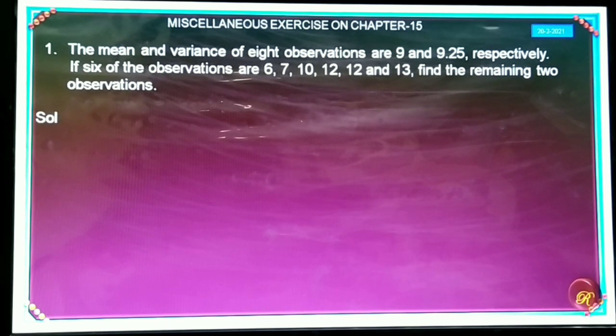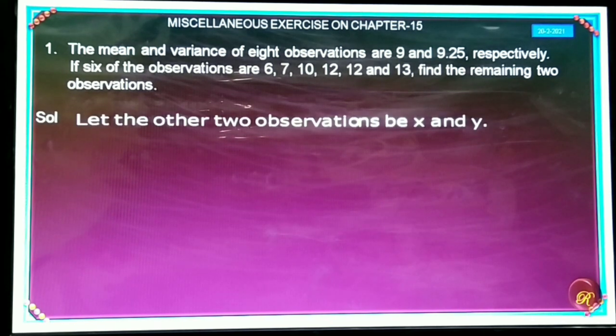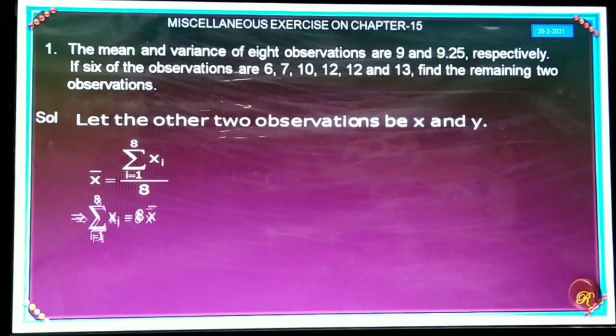Let the other 2 observations be x and y. Therefore, x bar is equal to summation of xi divided by 8, which gives summation of xi is equal to 8 into x bar by cross multiplication.